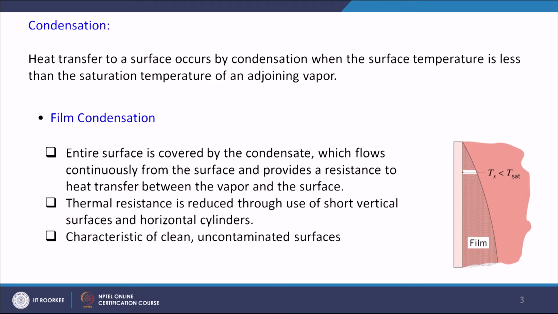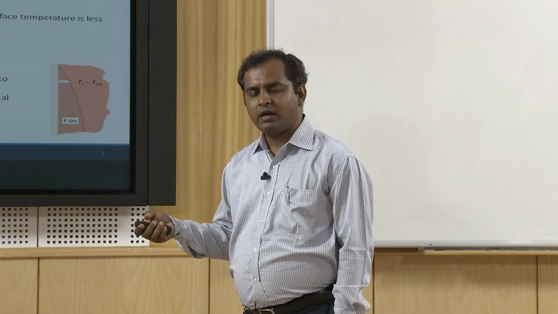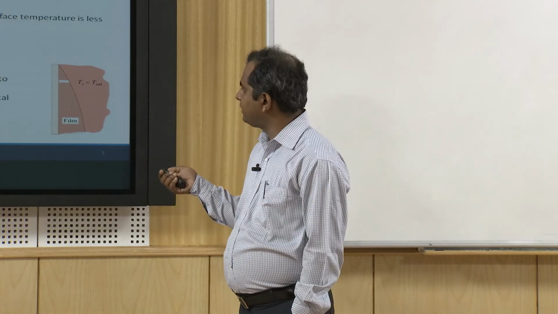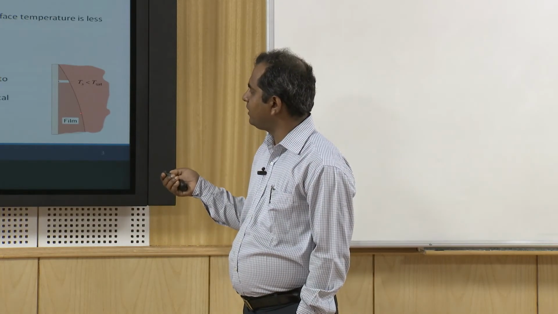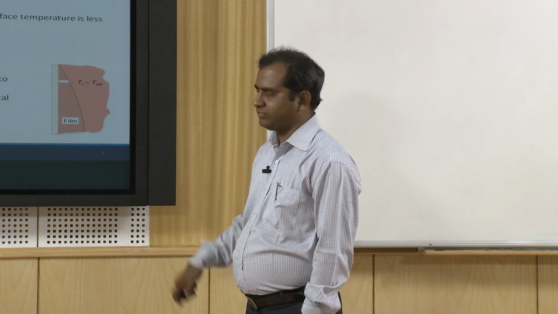As the surface temperature Ts is less than T saturation, a liquid film is formed due to condensation. Condensation means vapor forms liquid. So, you will find that this liquid is forming a film over this vertical surface.